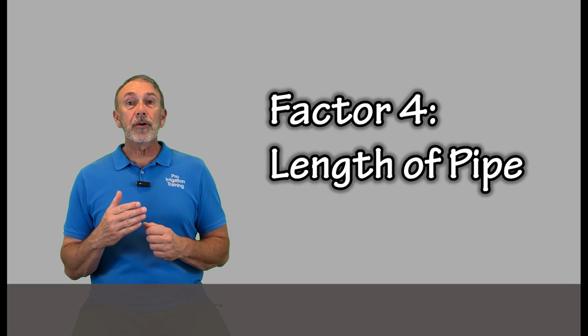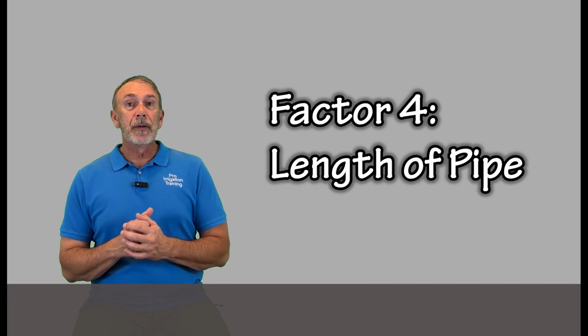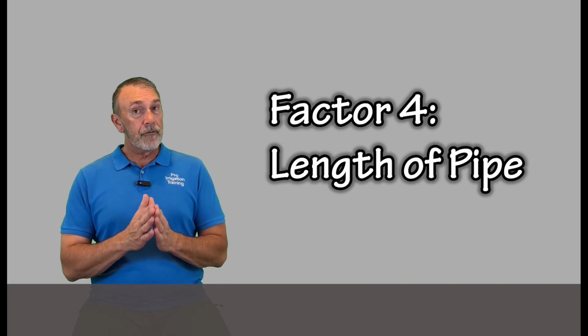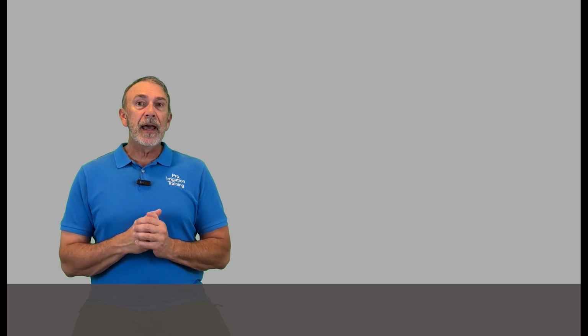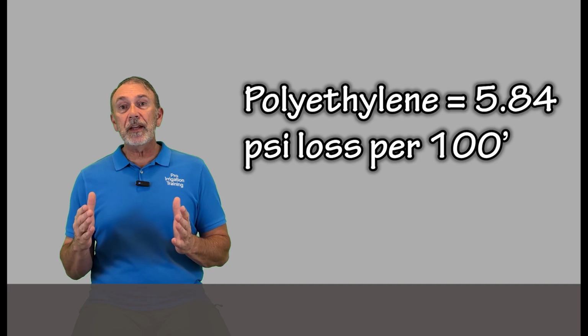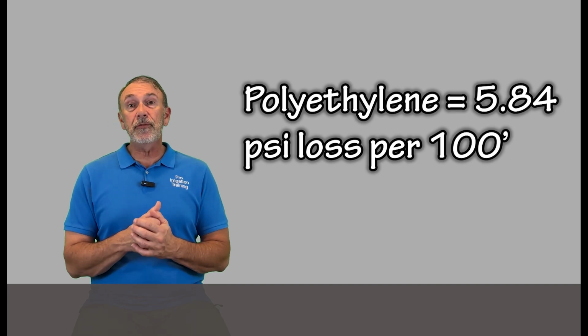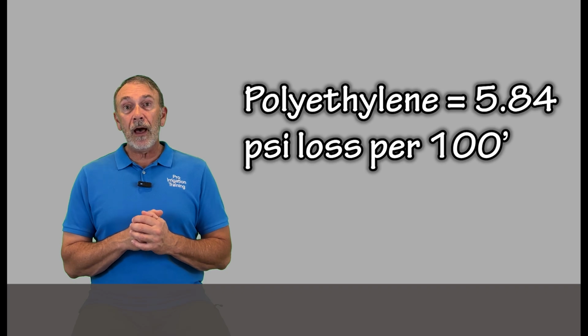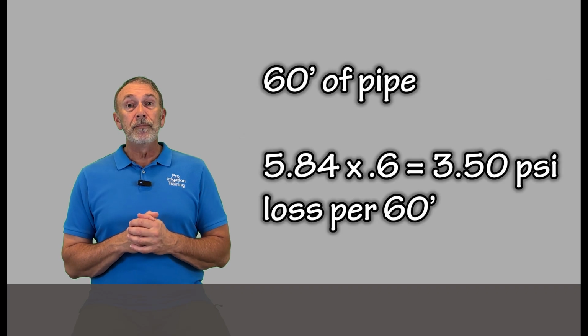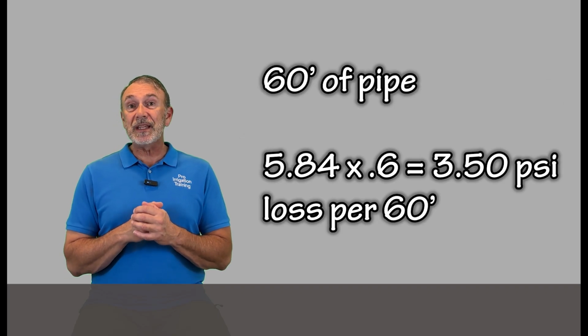And our fourth factor is the length of the pipe. So this is cumulative. For every foot of pipe that you're using, it increases, right? That's why they give you the value in 100 feet of pipe. And so how we're going to calculate that, let's say that we're using polyethylene, and instead of 100 feet of pipe, we're only going to use a 60-foot run of that. So what you would do is take your friction loss value of 5.84 and multiply it times 0.6.